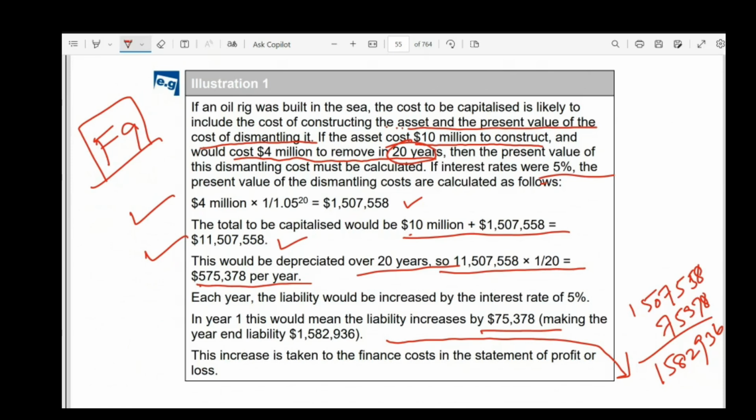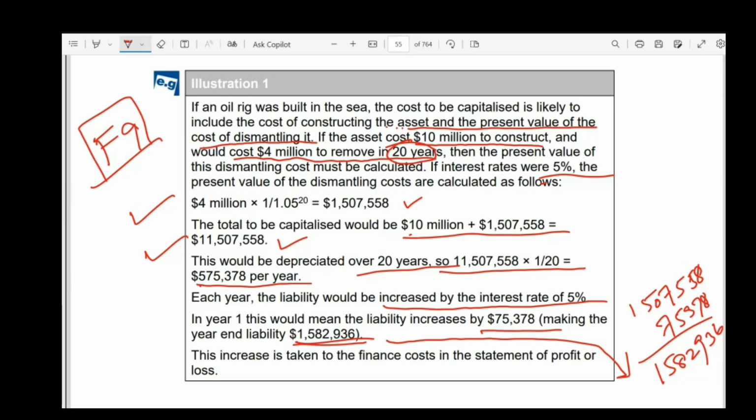And then, to account for each year, the liability would be increased by the interest rate of 5%, as we have made a present value at 5% on the 4 million finance investment value. In year one the liability increase would be 75,378, making the year liability 1,582.